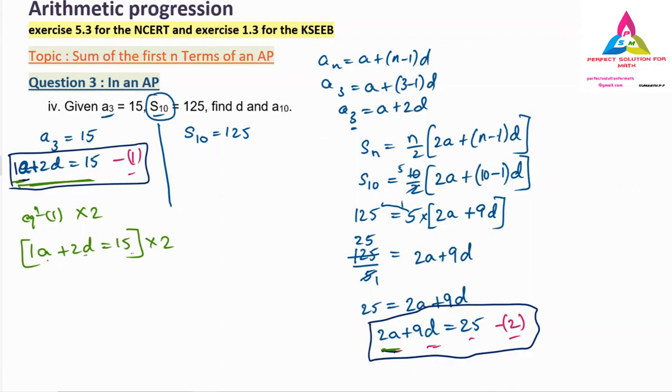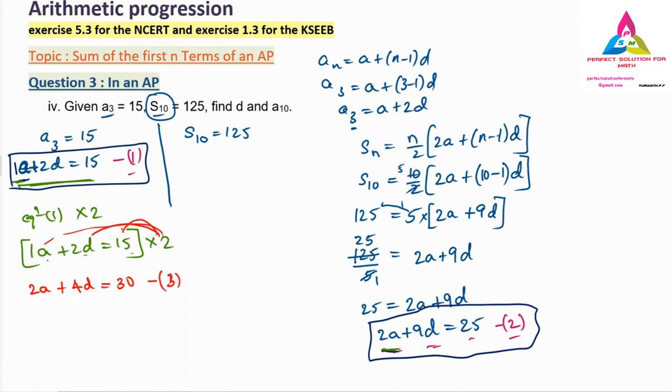So 2 times 1a is 2a. This 2 times 2d is 4d. This 2 times 15 is nothing but 30. So this is equation 3 we can consider.